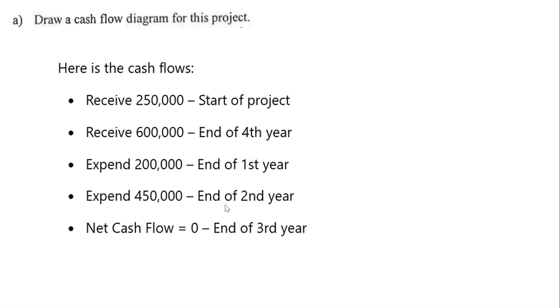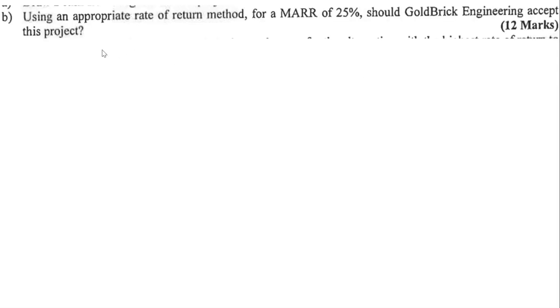On the second year, expend $450,000, downward $450,000. On the third year, it's 0, nothing. And on the fourth year, receiving $600,000 upward.